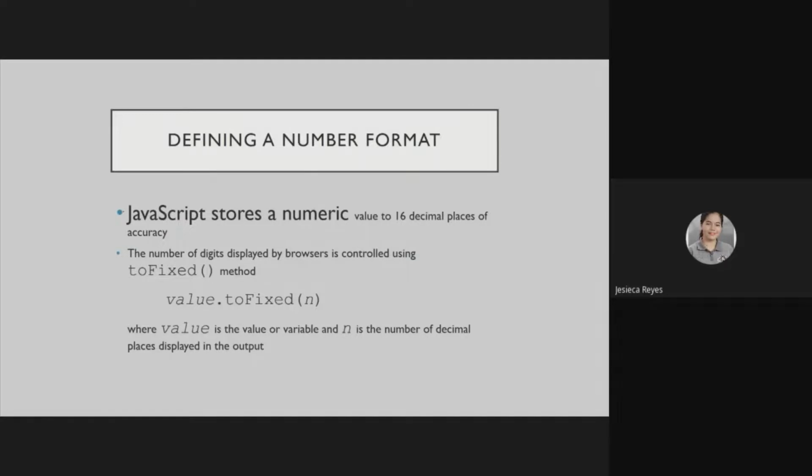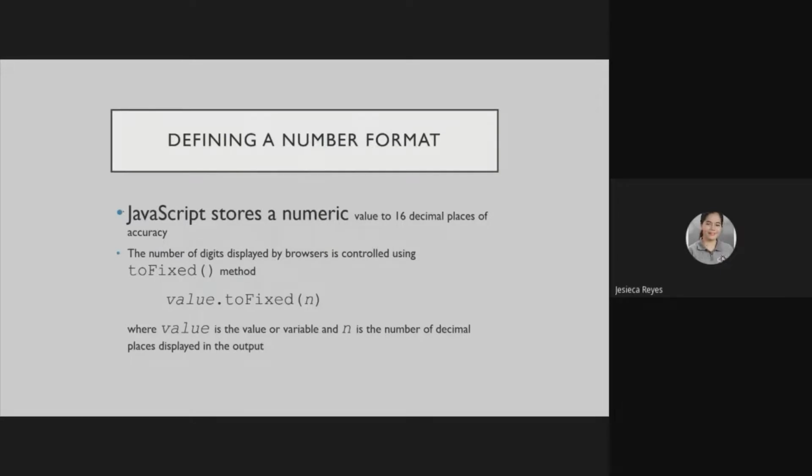Okay, so JavaScript stores a numeric value to 16 decimal places of accuracy. And the toFixed method will be used to control the number of digits displayed by browsers. So value.toFixed and pass n as the parameter, where value here is the value or variable and n is the number of decimal places displayed in the output.